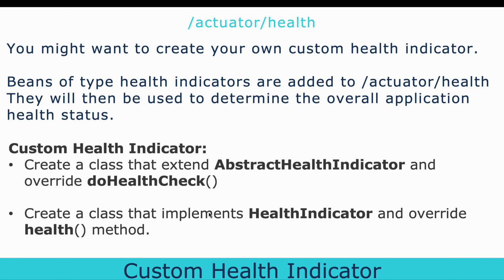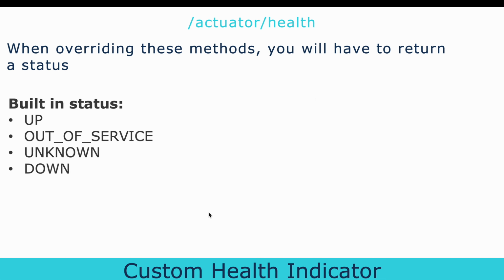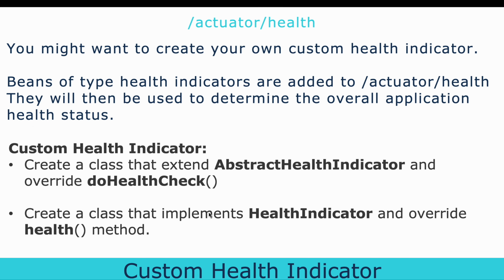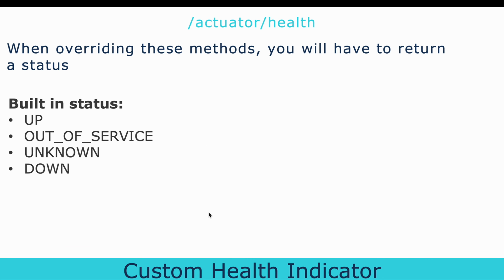If one of them is down, then the whole status becomes down. It depends on how you want to configure your health status. So when you override those methods, doHealthCheck or health, you want to return some status in those methods when you're implementing them.